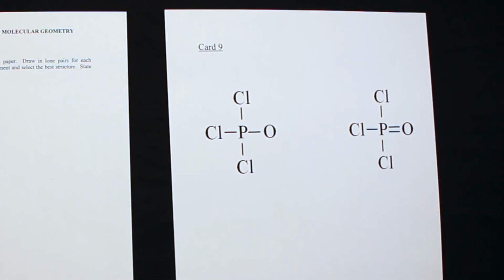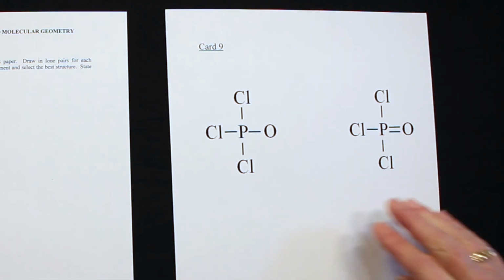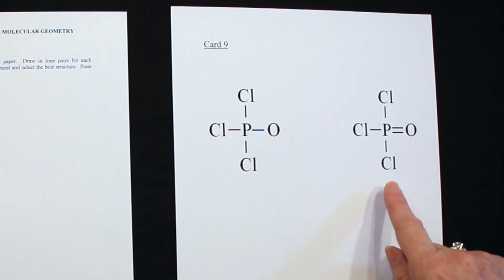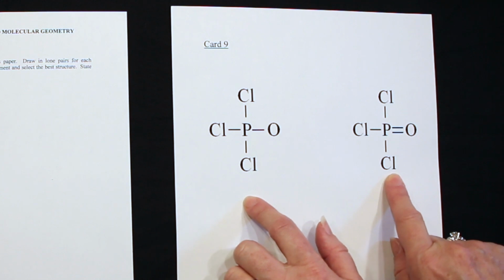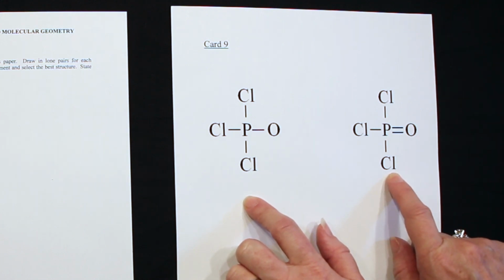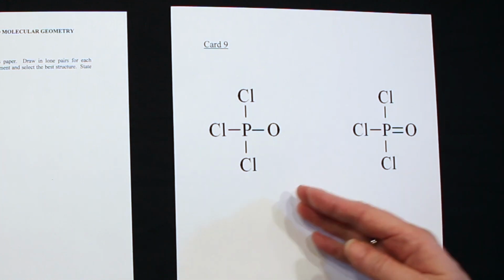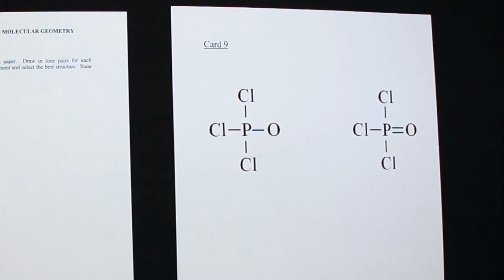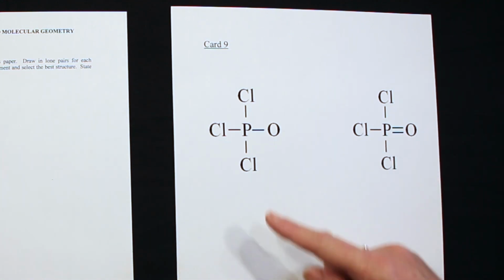You'll do the same with card 9 for the lower half of the sheet with these 2 molecules. Determine the formal charge and then refer to the discussion section to select which one of these is the preferred structure for this molecule.